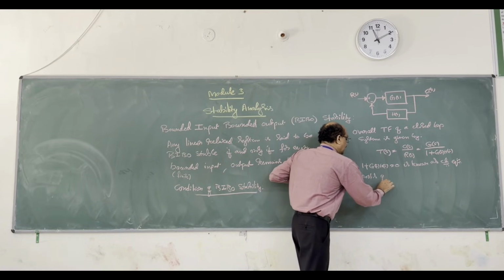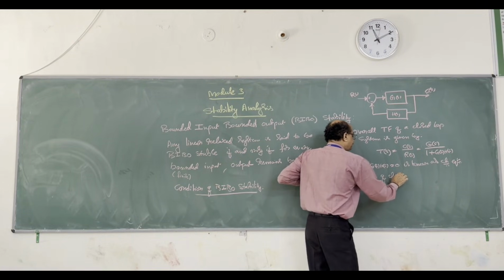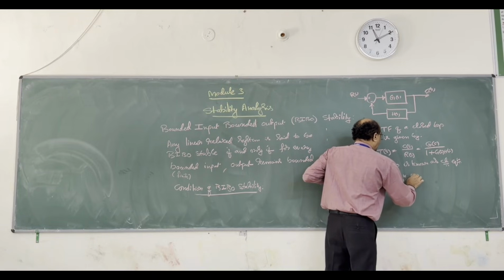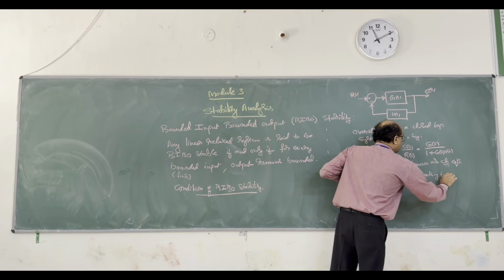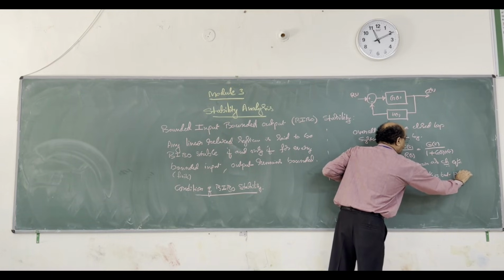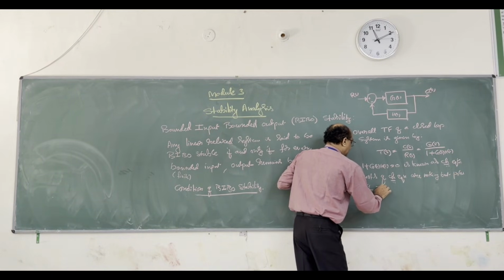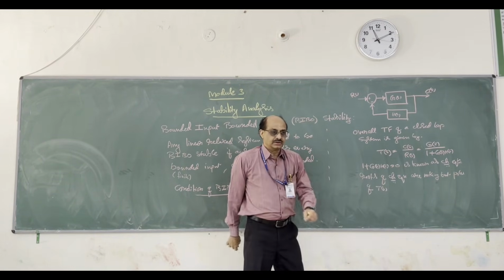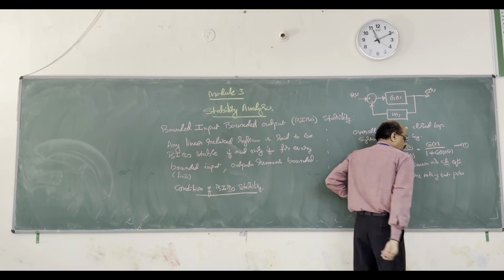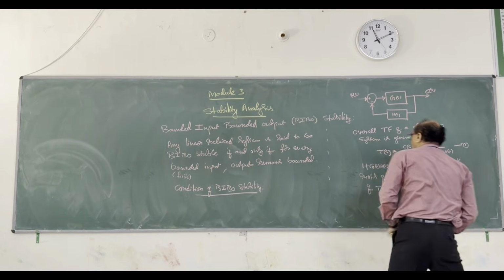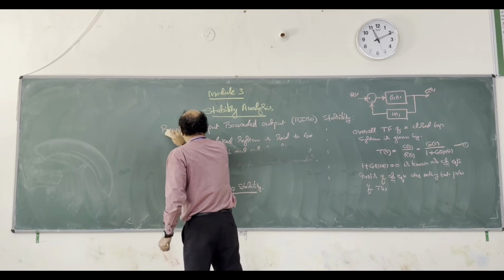The roots of the characteristic equation are nothing but the poles of the overall transfer function T of S. Let me call this equation 1. We'll continue.